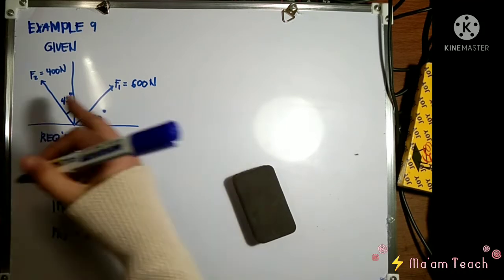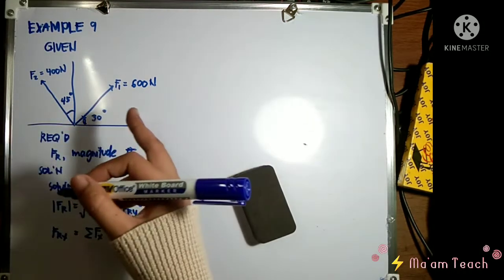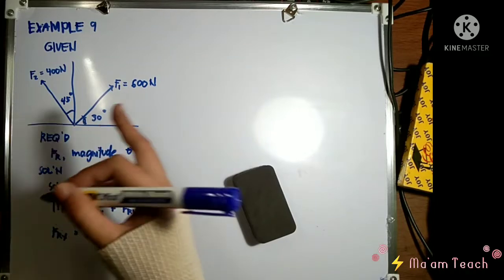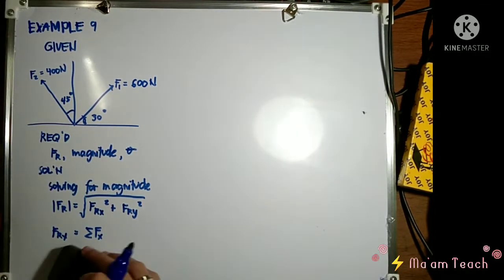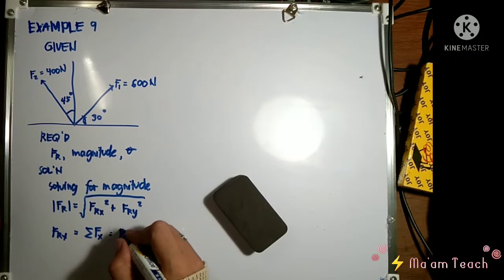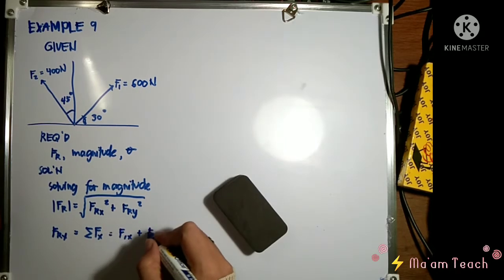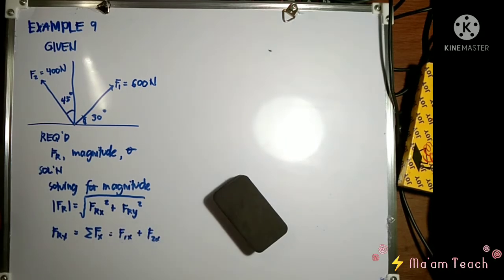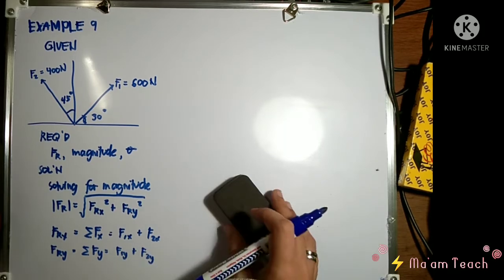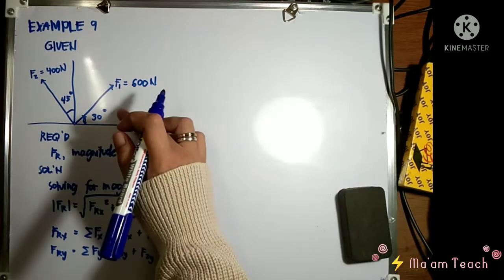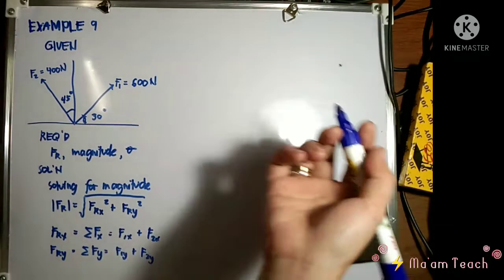Since you only have 2 here, we will determine each of the x components of F sub 1 and F sub 2, or simply F1x plus F2x. While for your FRy, you simply have to summate all your y components, so F1y plus F2y.